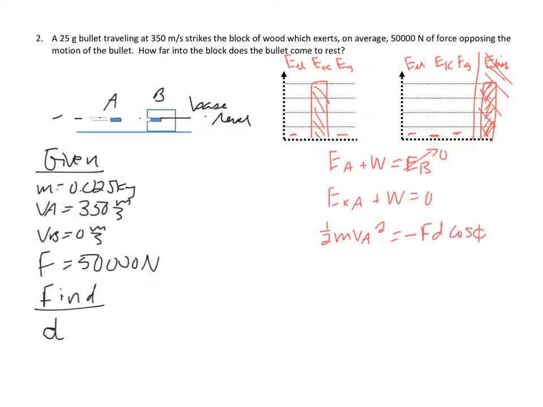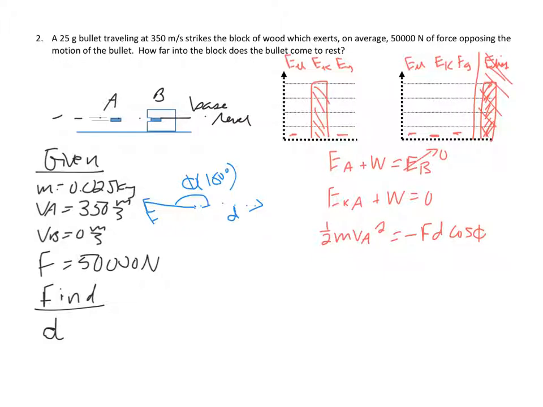So remember, phi is the angle between the force and the distance that the object moves. So it's moving to the right, but the force is opposing. Force goes to the left. So that means that phi equals 180 degrees.